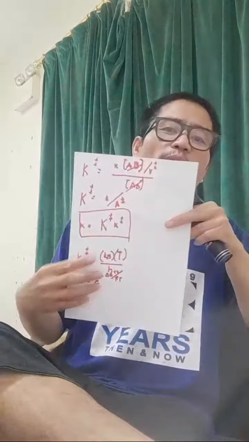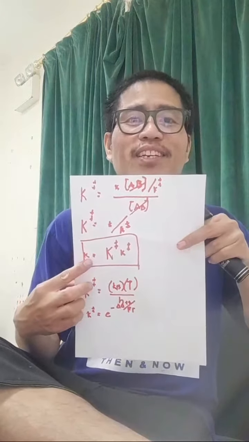Now substitute these two equations in our final derived equation. Substitute here. So small letter k, the rate constant in the entire chemical reaction, is equal to the capital K, the equilibrium constant in a transition state, which is equal to, open parenthesis, Boltzmann constant, capital T over the Planck's constant, close parenthesis, times the exponential negative delta G over RT.